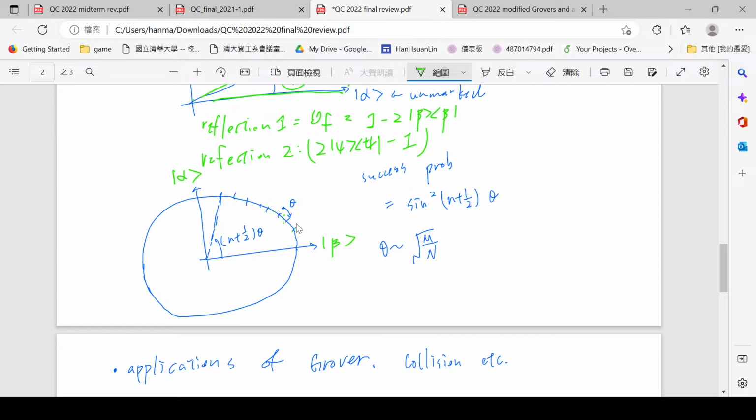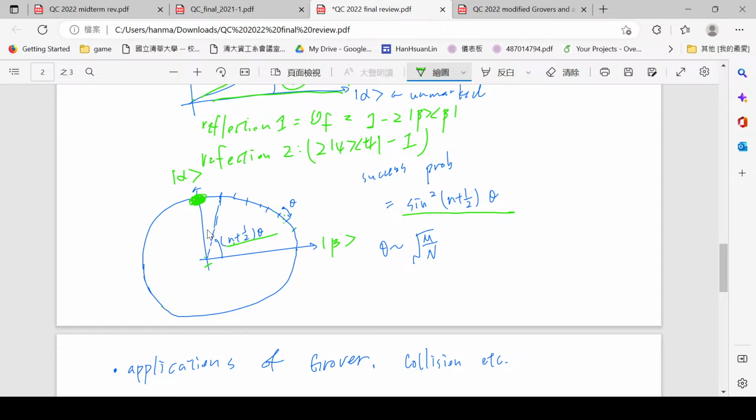So we keep rotating by angle theta and we are hoping that we end up somewhere around this alpha. Then we do a computational basis measurement and we can get alpha. If we do this iteration n times, then this angle here should be n plus 1 half theta. If we stop at whatever time, the success probability will be sine squared of this angle, so sine squared of n plus 1 half theta.